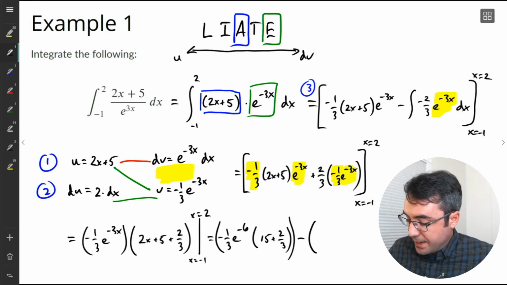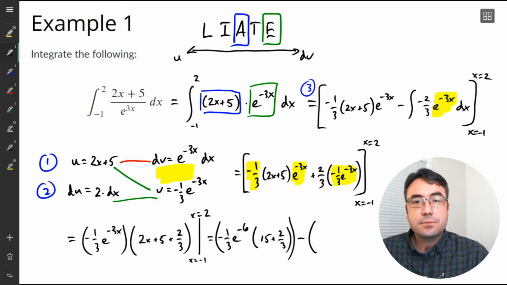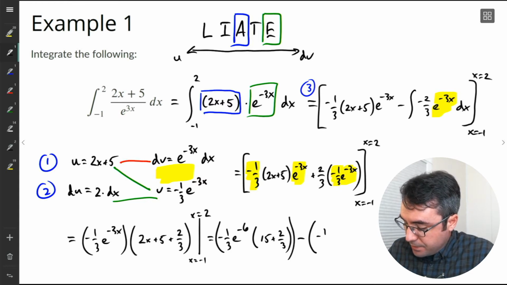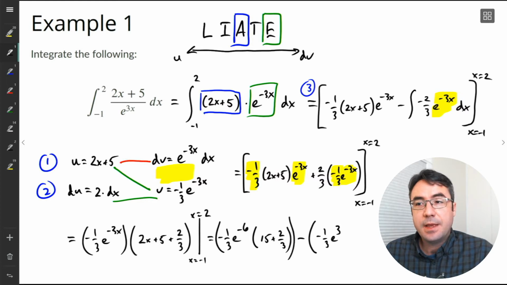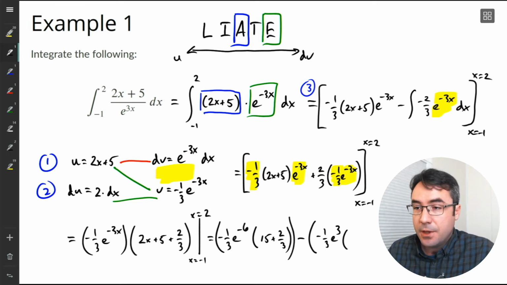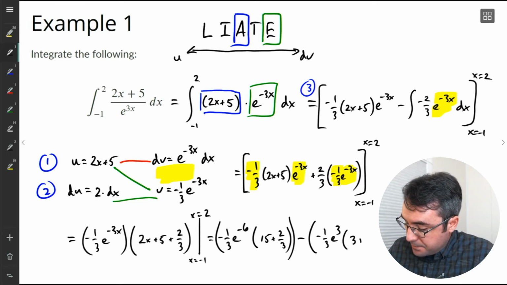Then we subtract, and we plug in our lower limit. What's our lower limit? It's -1, so let's plug in -1. We end up with -1/3 e to the +3. And then instead of the 2x plus 5 plus 2/3, when we plug -1 into that, we end up with 3 plus 2/3.